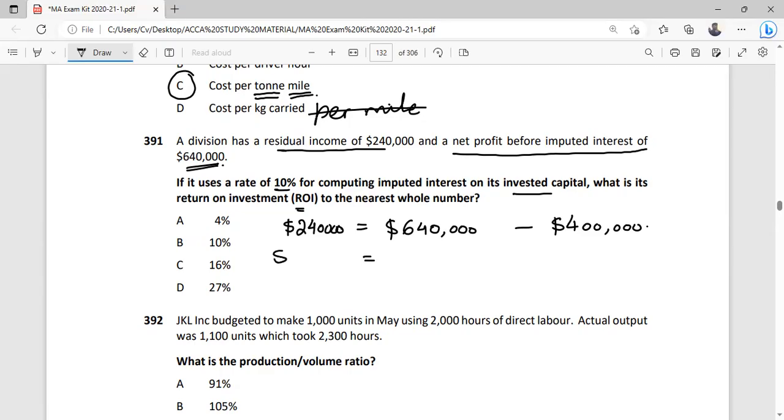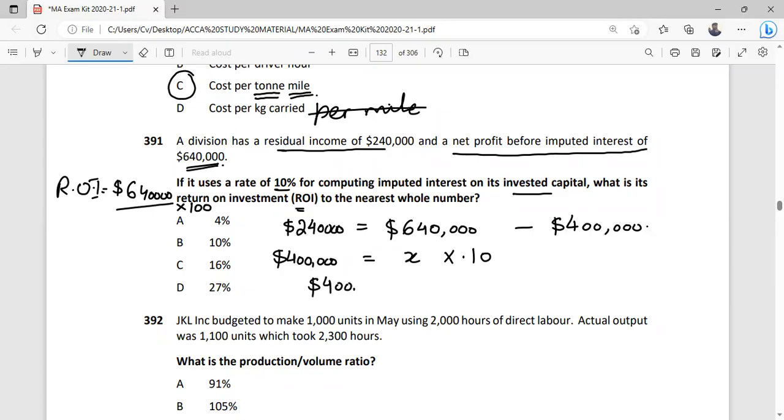So you are saying that my notional profit of 400,000 is equal to my capital employed, which is missing, because to calculate return on investment, to calculate ROI, I need profit. My profit is 640,000 divided by capital employed or controllable investment, which is X, multiplied by 100. So imputed profit is capital employed X multiplied by 10%, which is our cost of capital. So now what can I do?